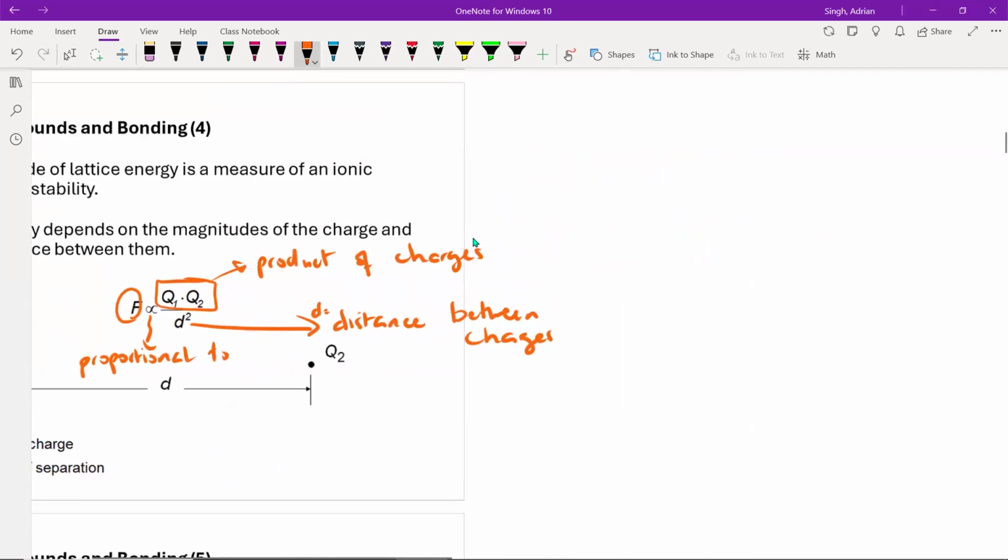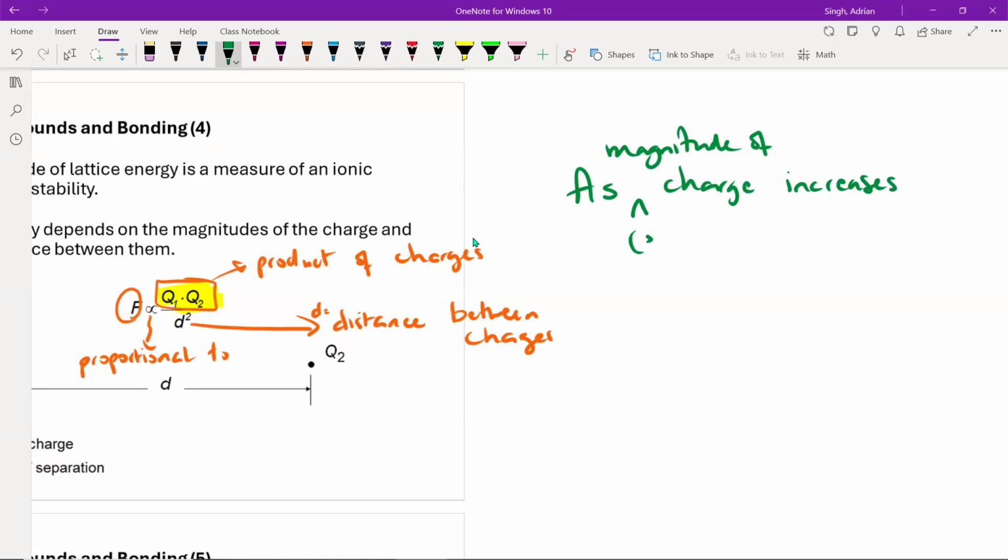Because the product of the charges is in the numerator in this proportionality, we can say that as the magnitude of the charge increases, for example plus 3 versus plus 1, plus 3 is a greater charge than plus 1, the force of attraction is going to increase.